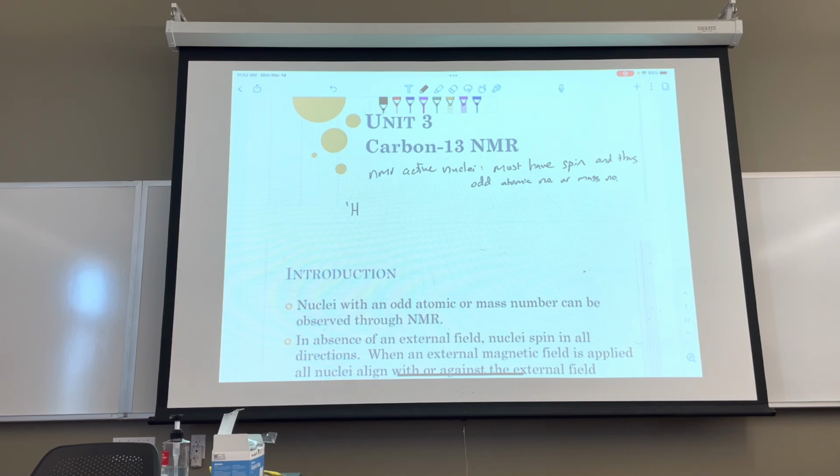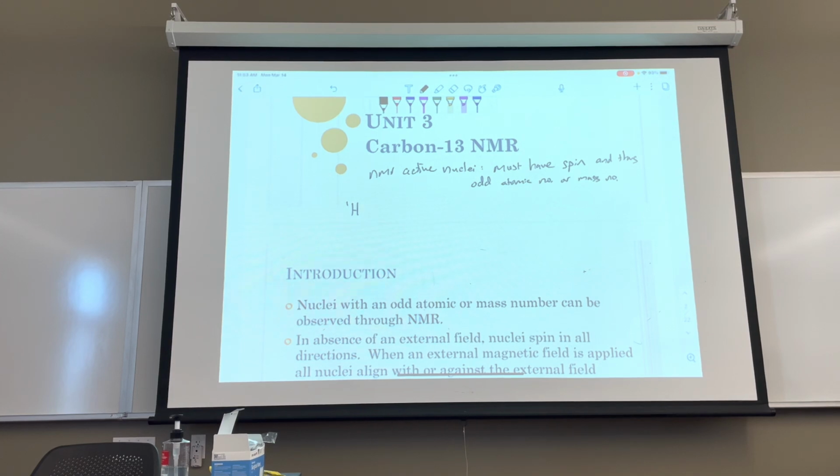And so you have the vast majority of H's out there in the world that are NMR active, right? So that's why you can take any sample, dissolve it in whatever NMR solvent you're using, throw it in the instrument, and take anywhere from 1 to 4 scans, and you usually get a very nice, usable NMR spectrum.